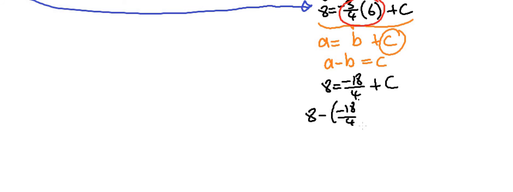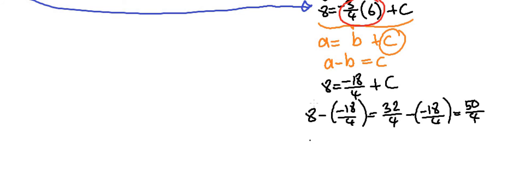Now all I've got to do is 8 minus -18 over 4. Well, remember there are 4 quarters in each whole, so 8 is equal to 32 over 4. And I'm taking away -18 over 4, which is 50 over 4.